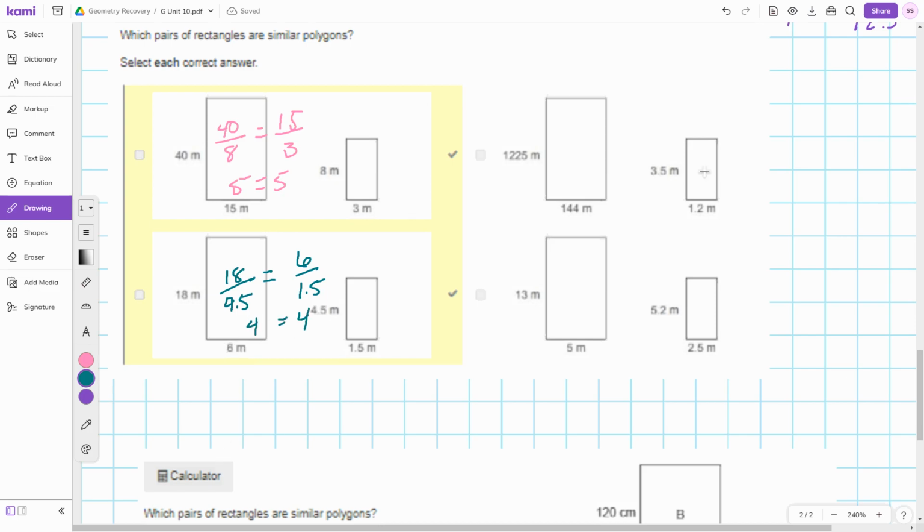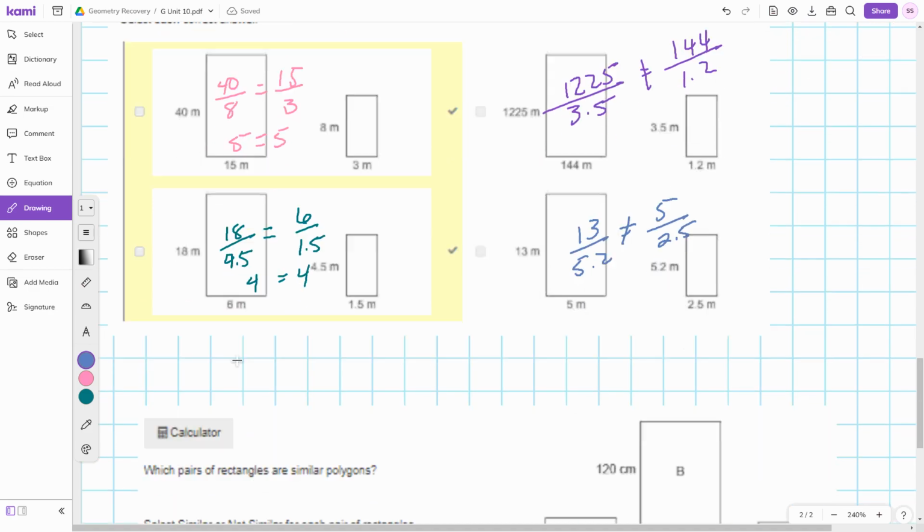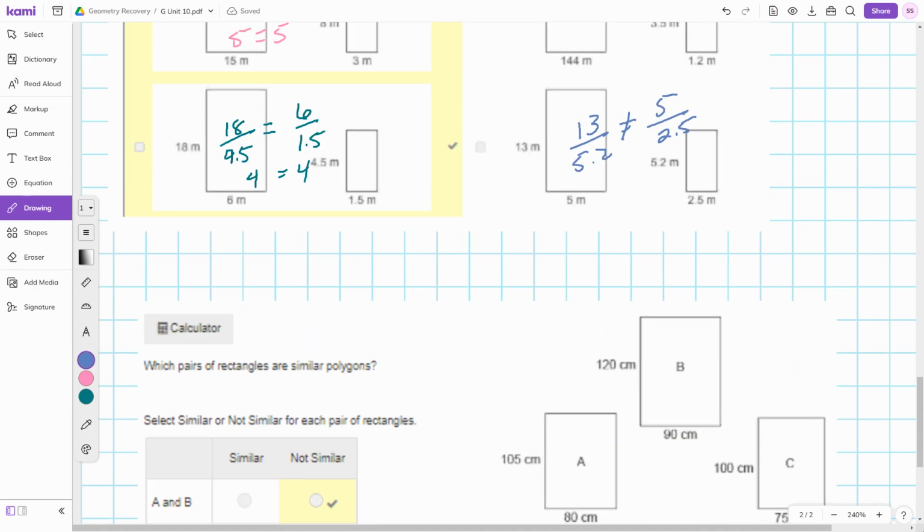Okay. You cannot do that for these other two. 1,225 is to 3.5, nope, as 144 is to 1.2. And then we have the last one. 13 is to 5.2, nope, as 5 is to 2.5. Those are not true statements. You can, of course, put those in your calculator. You have that little calculator app that you can use.